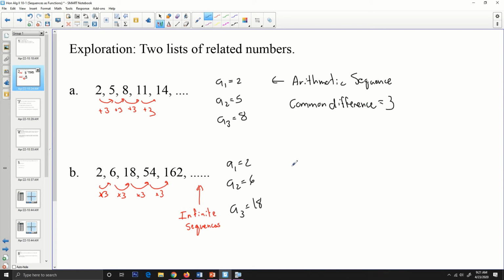And then here we have a geometric sequence, and its common ratio is also 3. So when you're adding a constant value, you have an arithmetic sequence. When you're multiplying by a common value, you have a geometric sequence.